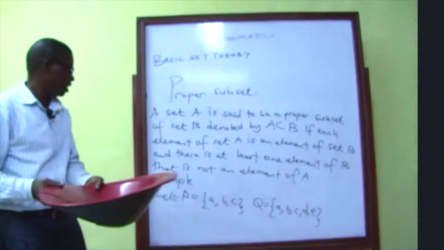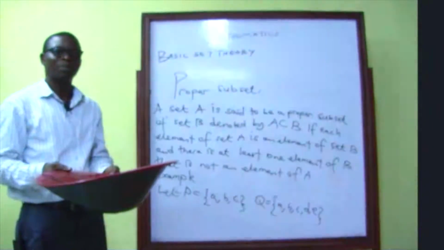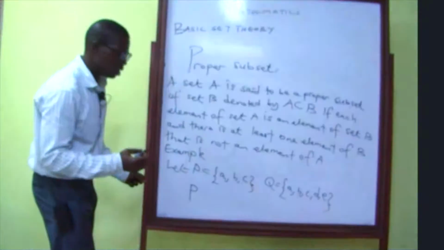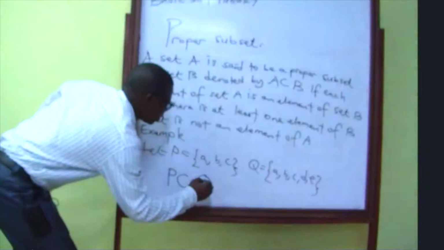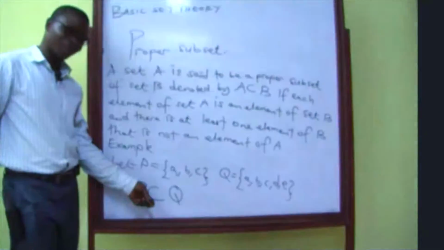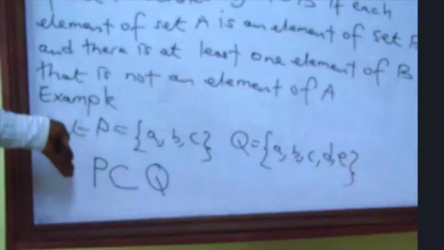So we now see that P is a subset of set Q, which we write like this. Look at it again: the dashed line is not below the symbol. It means P is properly contained in Q. In fact, Q is a bigger set.